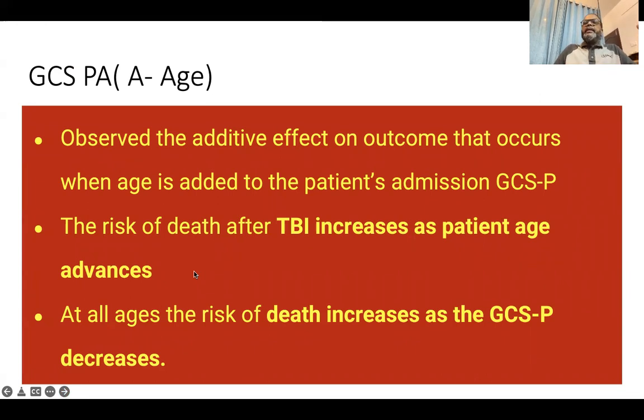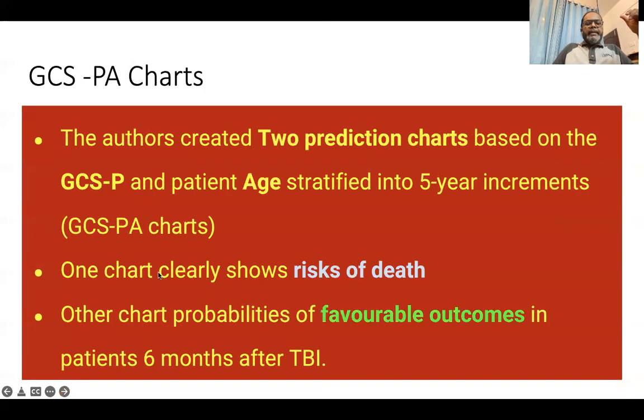In addition, in the new GCS system they added age also, because age is one of the risk factors for death after traumatic brain injury, and the death rate increases as age increases. Similarly, at all ages the risk of death increases as the GCS-P decreases.